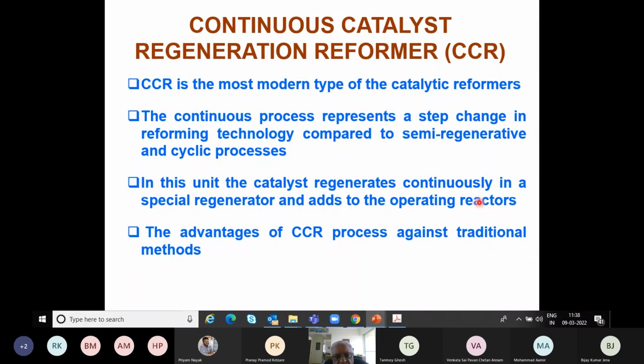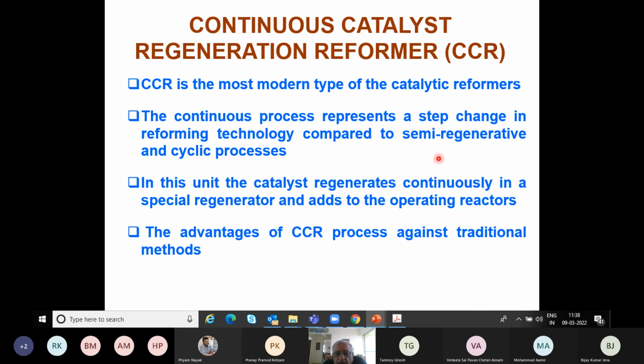And after I discuss the CCR reformer, I'll tell you why semi-regenerative reformers are still around. Not only because they were constructed and are operating, but also there are other reasons why semi-regenerative reformers are still preferred.